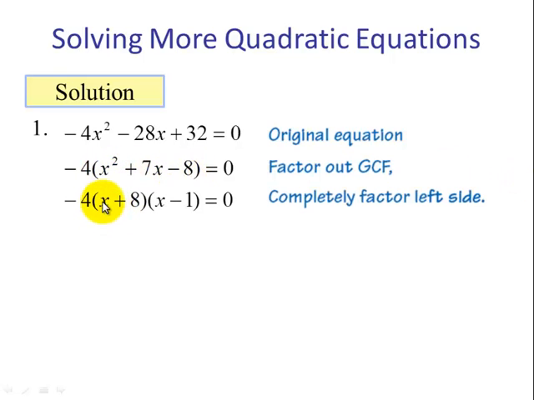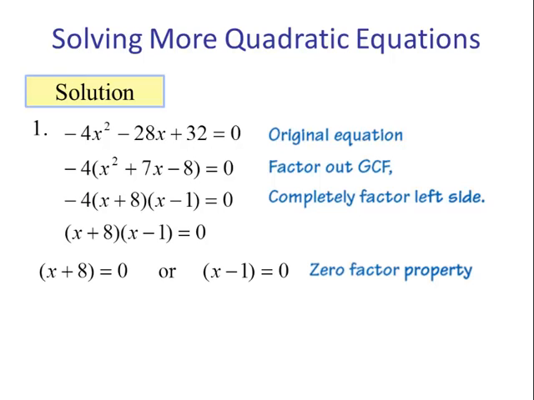So we have (x + 8)(x - 1) times negative 4. To get rid of the negative 4, we divide both sides by negative 4, which will cancel, and 0 divided by negative 4 is 0. So we have the equation (x + 8)(x - 1) equals 0. We set both these binomials equal to 0, and we solve, and we get x is equal to negative 8 or x is equal to 1.